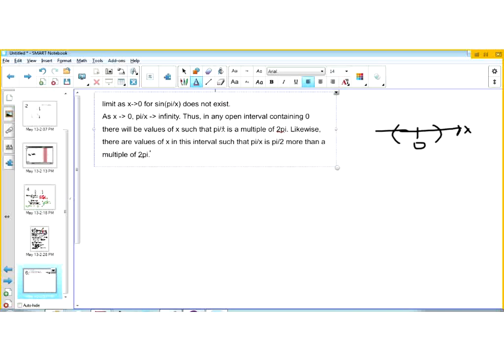Okay, so I can find a value of x in this interval such that pi over x is equal to, say, 7 pi over 2 or 11 pi over 2. Okay, convince yourself that that's the case.